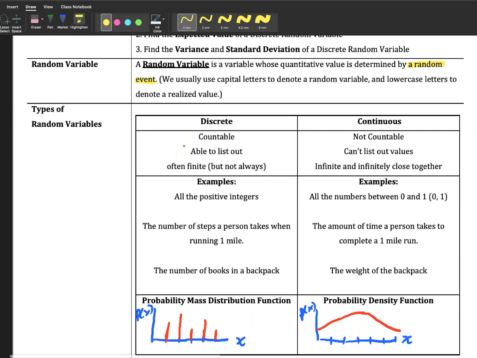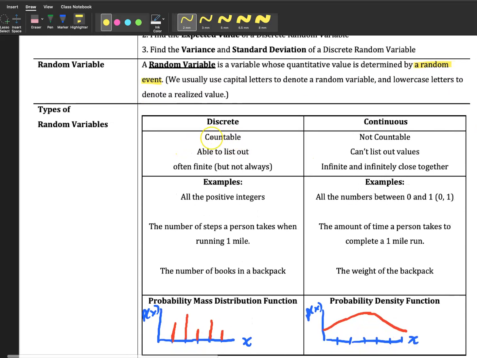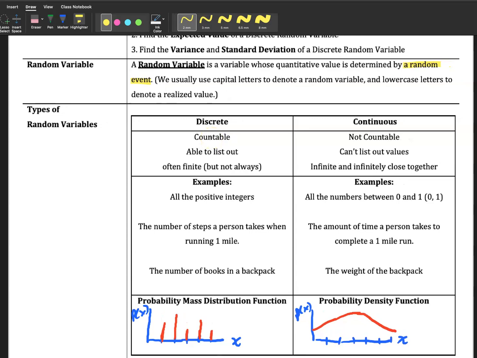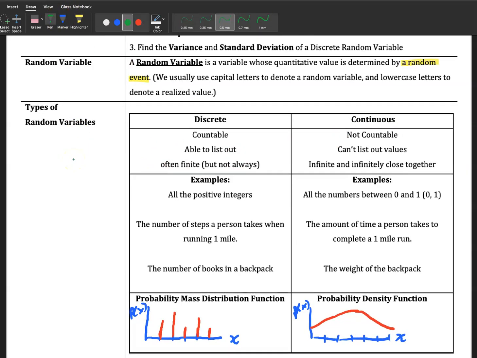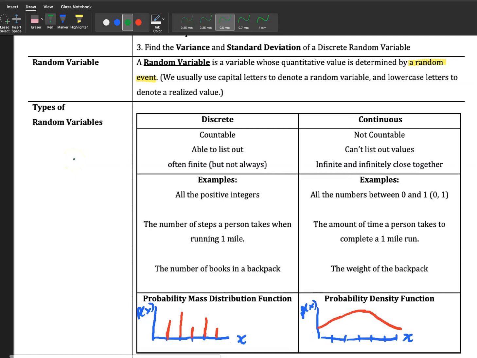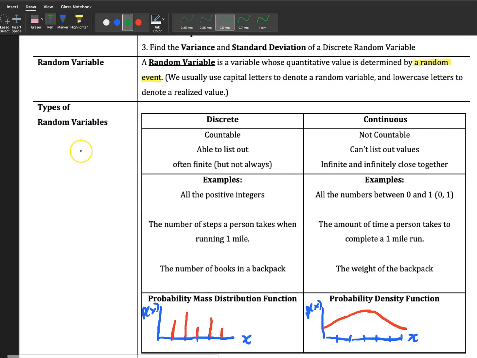So again, thinking about random variables, there are two types, similar to the variables we talked about earlier in the course: discrete and continuous. An example of a random variable would be how many siblings a student in the class has.